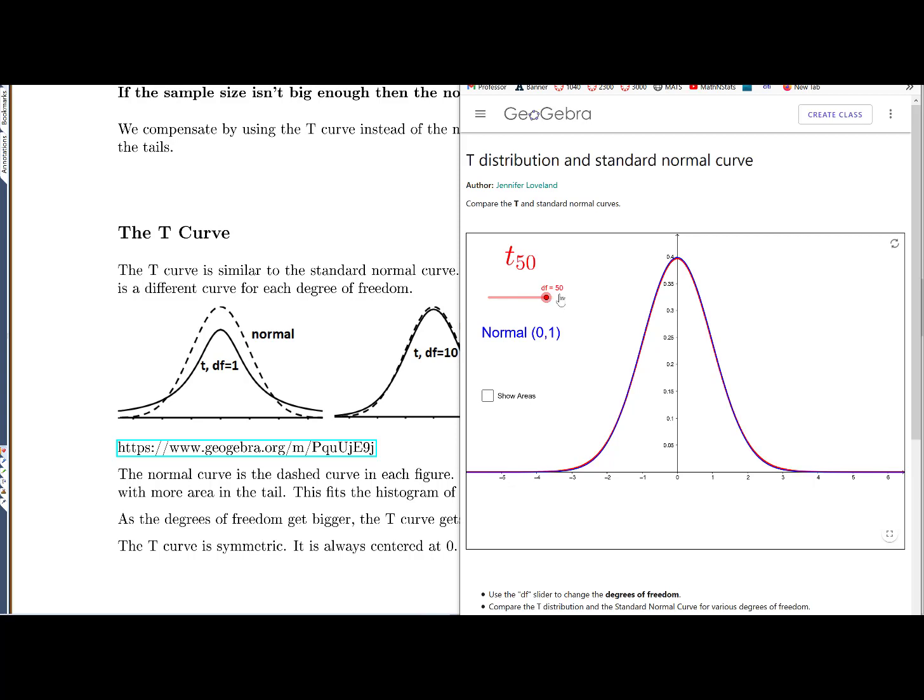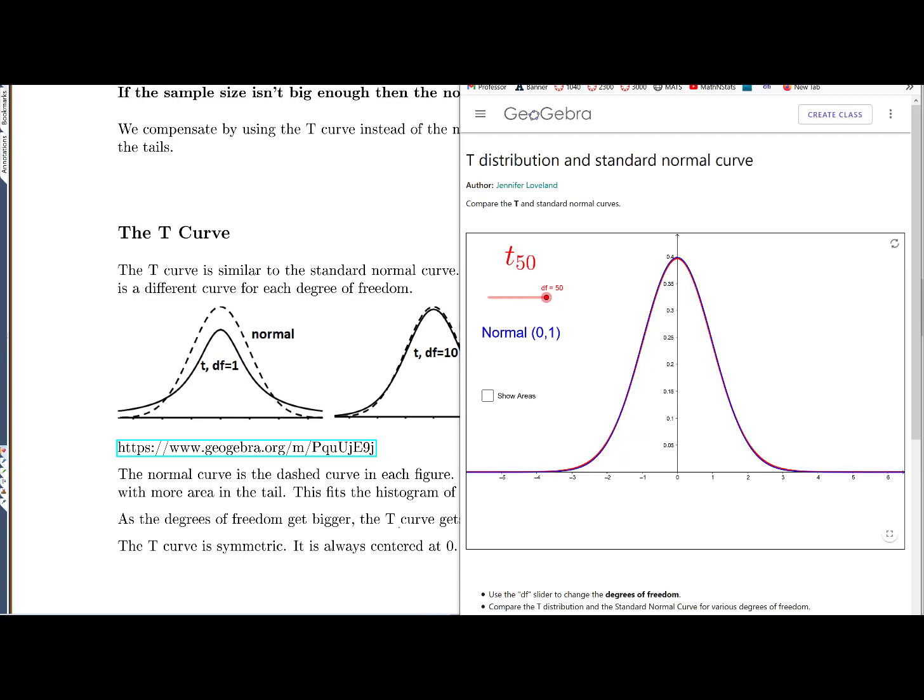Until about 30, you can't really tell the difference. At 50, these curves look almost exactly alike. So again, for really small sample sizes, a small degree of freedom like 1, there's a lot more area in the tails, which works better for these small samples. It allows for more variability. But as our degrees of freedom get bigger, those two curves become closer and closer together.